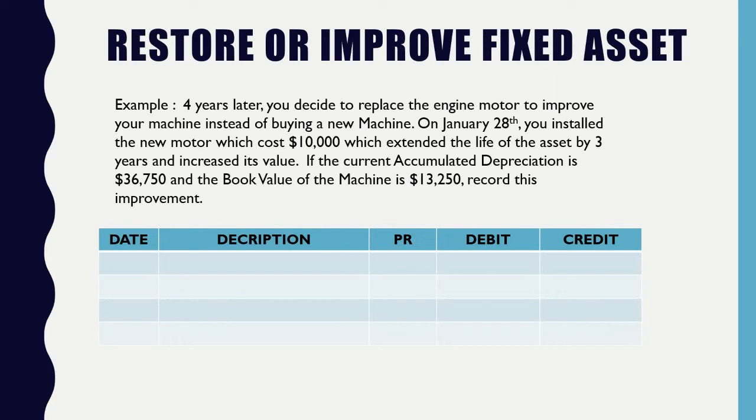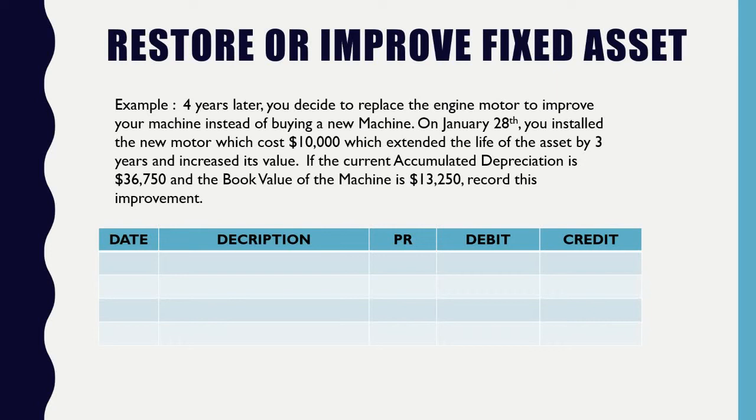And of course, on January 28th, you decided to install that new motor, which cost you $10,000, okay? Which extended the life of the fixed asset by 3 years. And of course, it also increased the value of the asset itself.